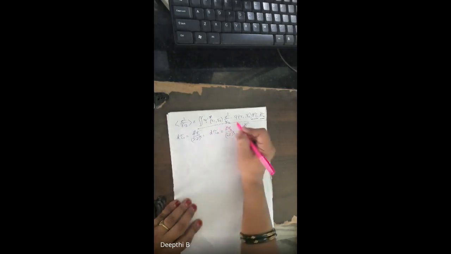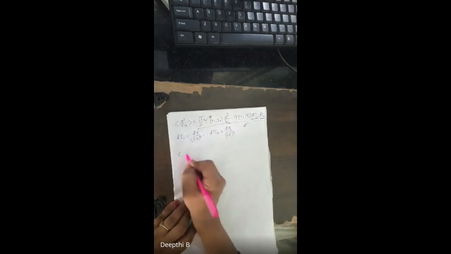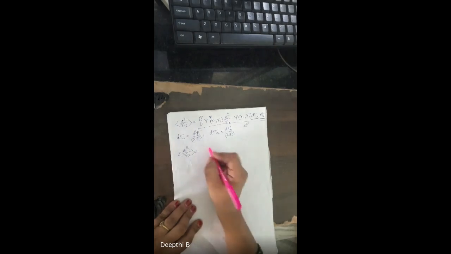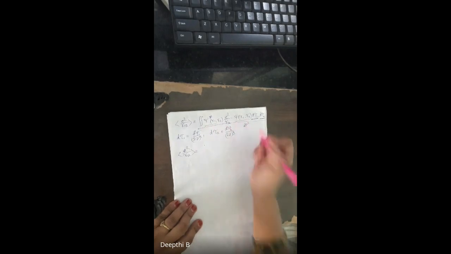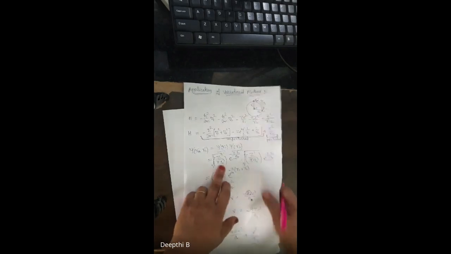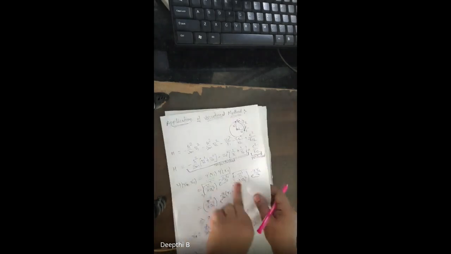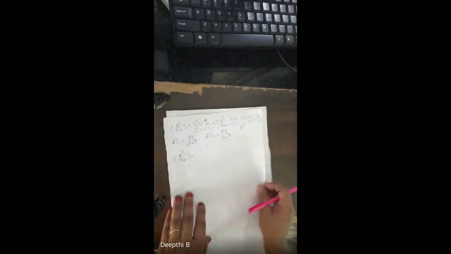We just have e square by R12. So first I am writing e square by R12 is equal to the integration of the psi values. What are the psi values? I already told you here. These are the psi values: psi of r1 is this, and this is the psi of r2 value. So we write psi values for r1 and r2.